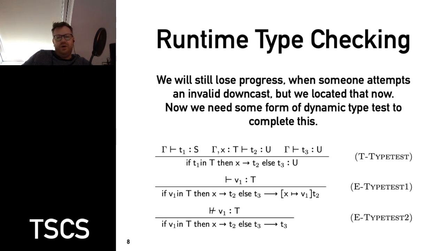So the way that it works is if t1 in T, then x progresses to t2, else t3, is of type U. Don't think that in this typing rule you do evaluation, unless you have an evaluation construct that you now type check.